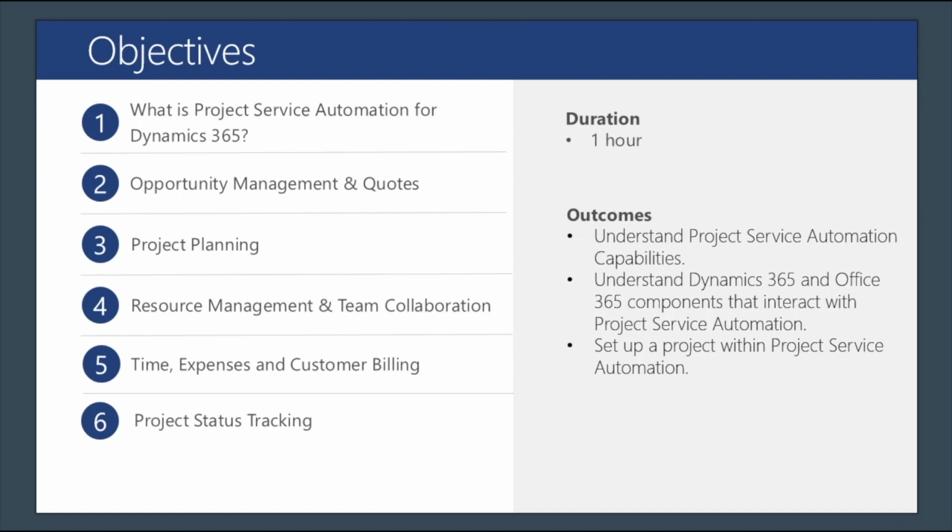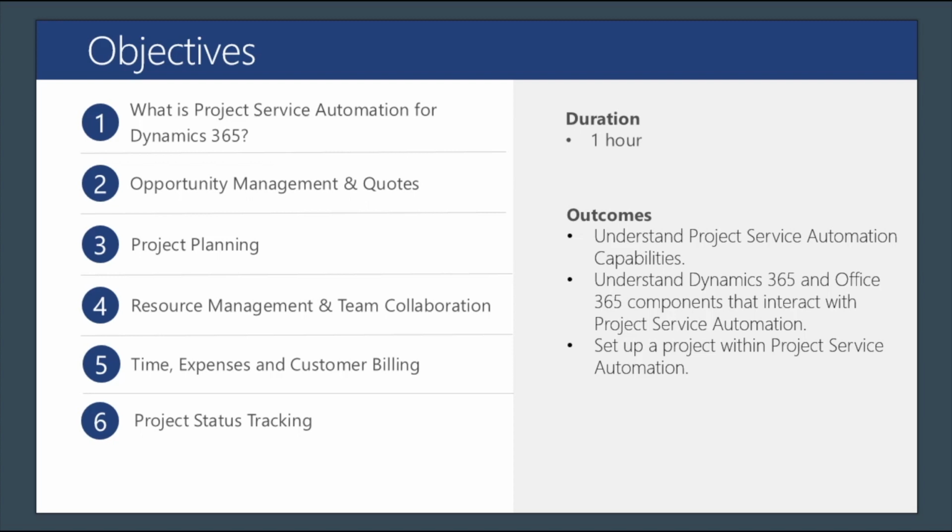So today, we're going to cover a couple of the different objectives. We're going to answer the question, what is Project Service Automation for Dynamics 365? And then we're going to go through what are considered the different phases of a project within Project Service Automation. So we'll talk about opportunity management and quotes. We'll talk about how to plan a project within Project Service.